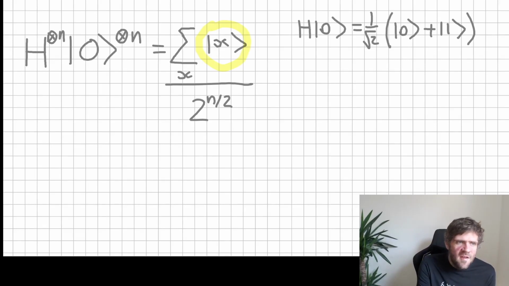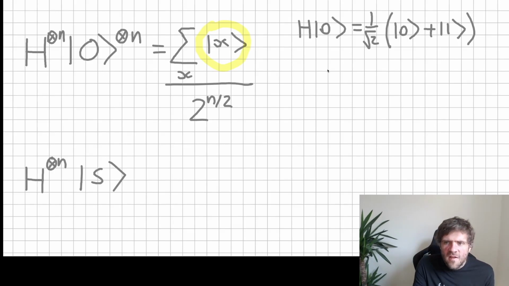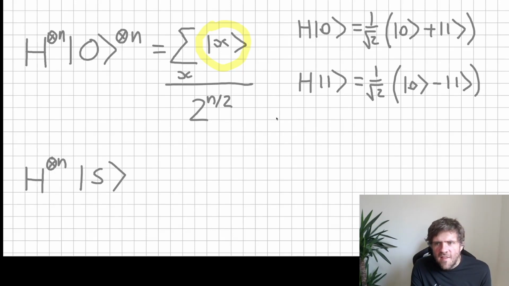Now it becomes a bit more interesting when we apply it not to the zero state, but to some general bit string. Let's call it s. So for this, we can note that when we apply H to the 1 state, then we get 1 over the square root of 2 times (|0> minus |1>). So let's just take this as being a single bit version of what's going on in the multi-bit case.